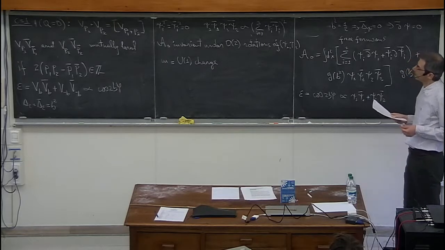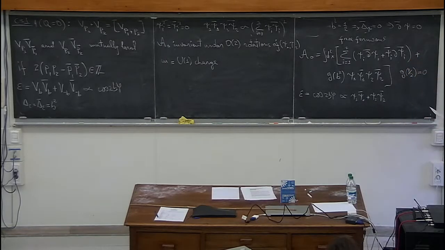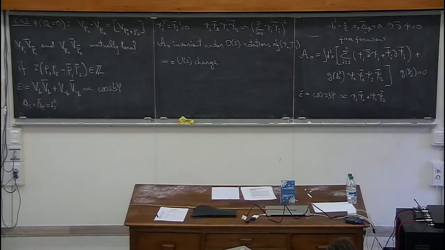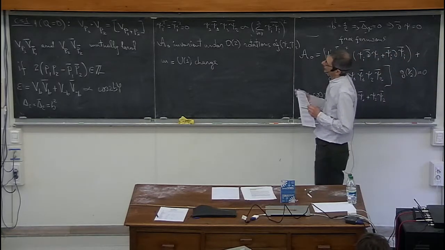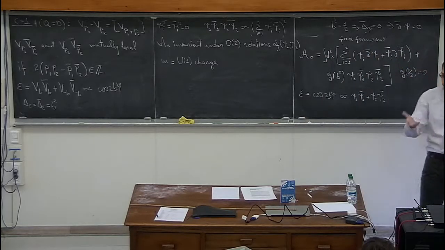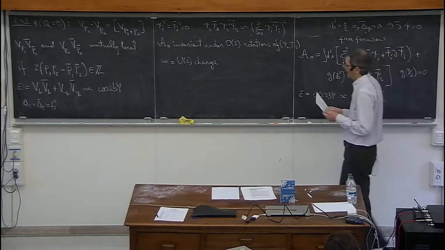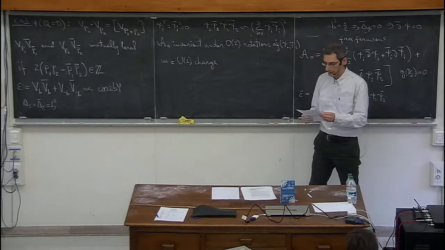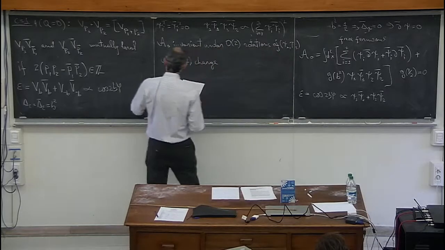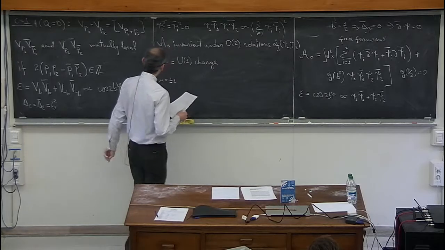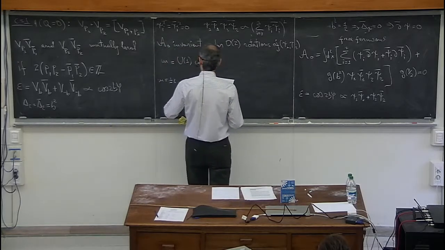And we can look for a field which will play the role of the order parameter for this symmetry. This has to be a scalar field, and with the definition of order parameter we gave, it has to be charged with respect to this symmetry with the smallest charge, which is m equal plus or minus 1. So we take m equal plus or minus 1, and we ask this to be a scalar field.